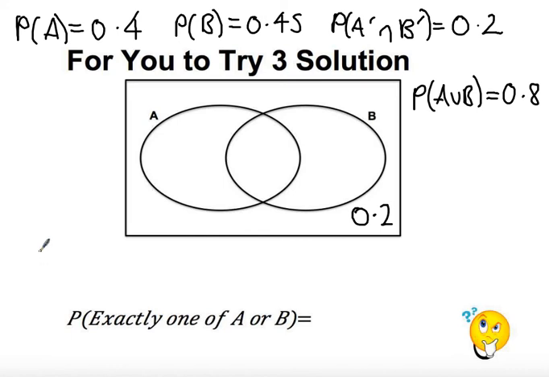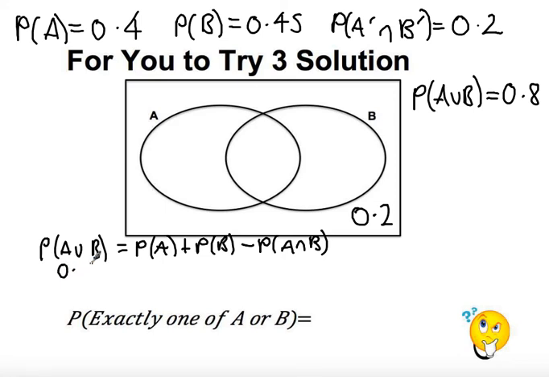Using the addition rule, probability of A union B equals probability of A plus the probability of B minus the probability of A intersect B. So I know probability of A union B is 0.8, probability of A is 0.4, probability of B is 0.45, minus probability of A intersect B. Exactly the same operations to rearrange and solve this.